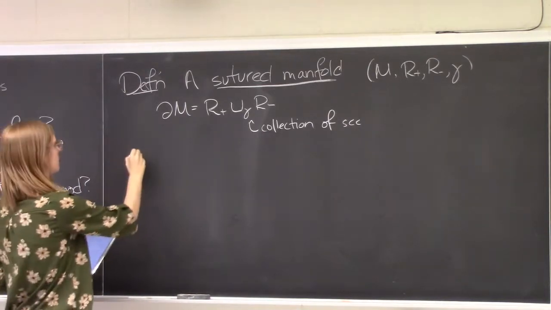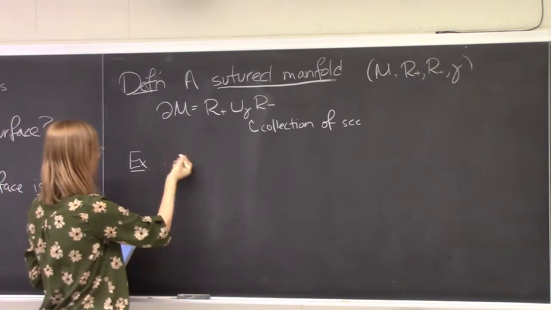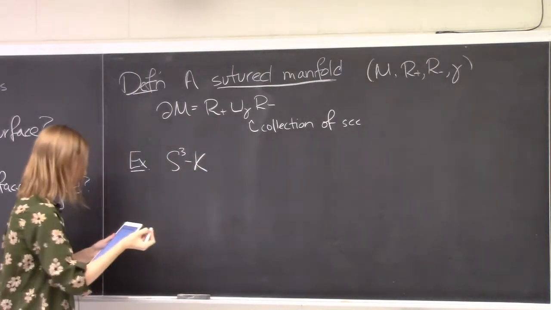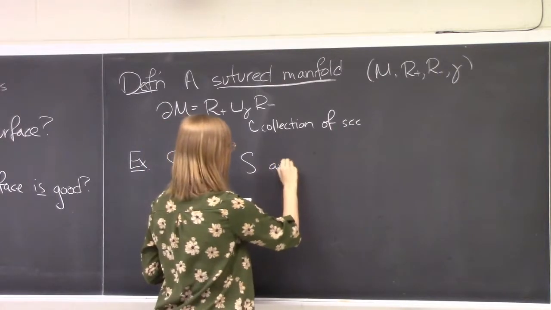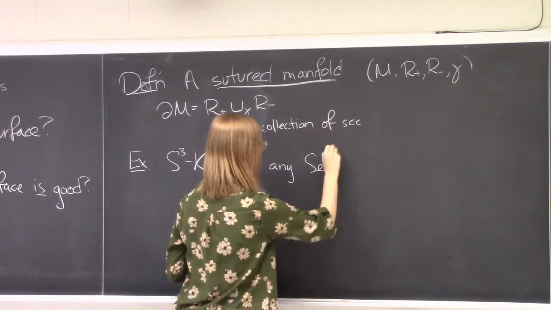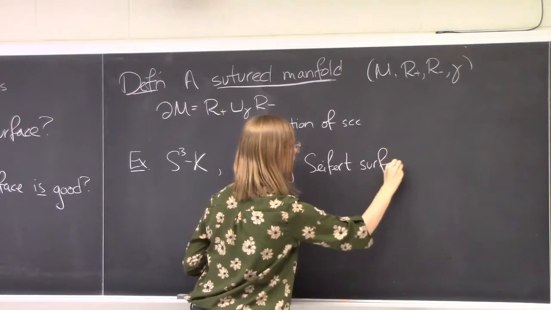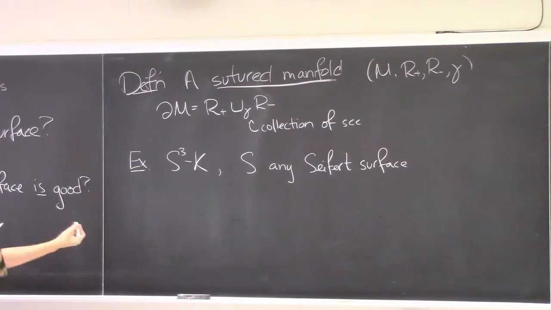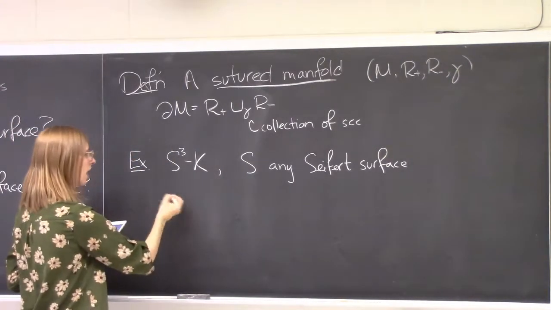As a basic example of this, if we take a knot complement in S3, and we take S to be any Seifert surface for K, we can cut open along this Seifert surface.